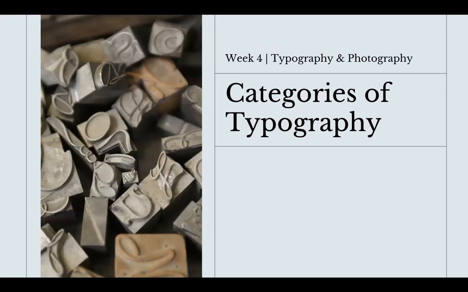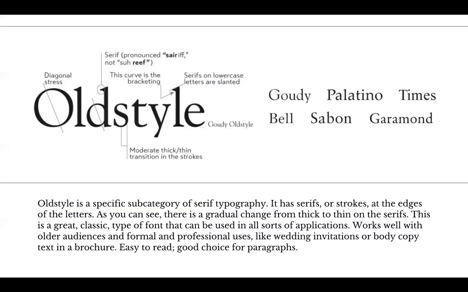Now that we've covered some photography basics, let's transition to typography. First, let's discuss the categories of type. Up first, we have old style. Old style is a specific subcategory of serif typography. It has serifs or strokes at the edges or ends of the letters.